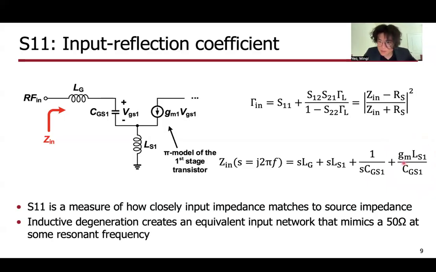So parameters such as the transconductance gm and the source inductance Ls can be chosen to equal 50 ohms. Then the rest of the imaginary terms you can tune such that they equal 0 at some resonant frequency. So by using inductor degeneration, we can create an equivalent input network that mimics 50 ohms at some resonant frequency.